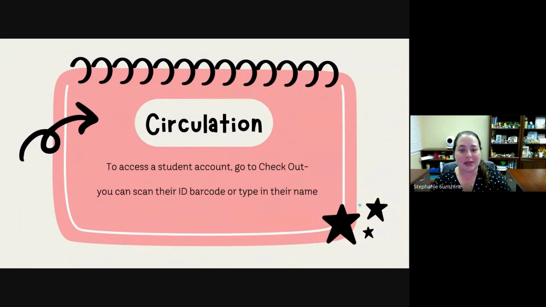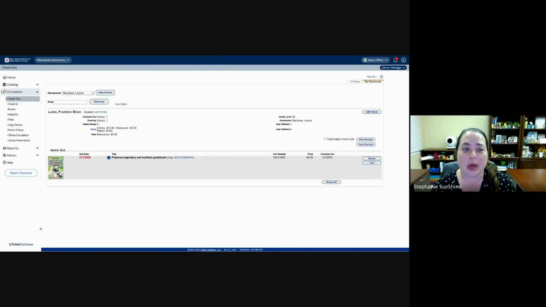So to access student accounts, you can go to checkout, you can scan their ID, or you can type in their name. I'm going to do what I normally do, which is toggle between presentation mode and Destiny mode, so you can see it in real life. Here I am under circulation, check out.